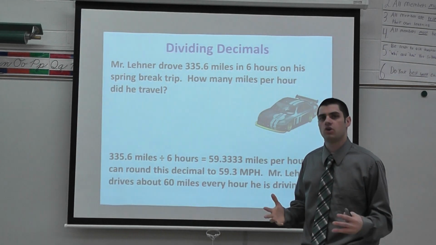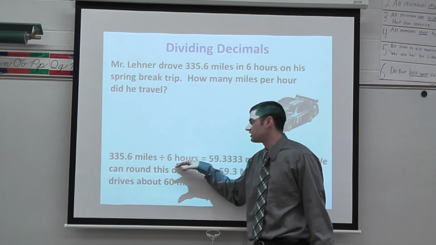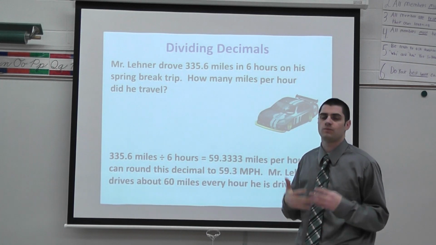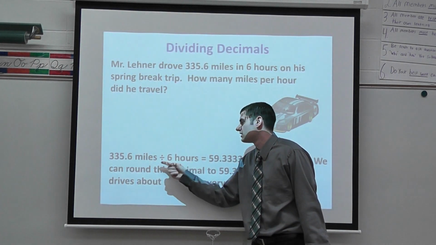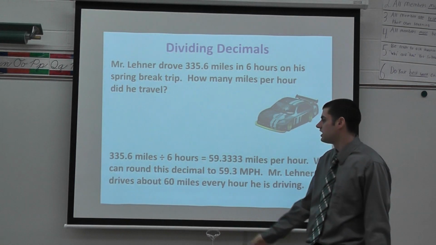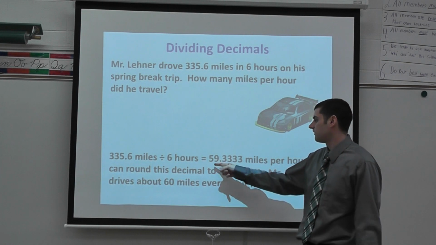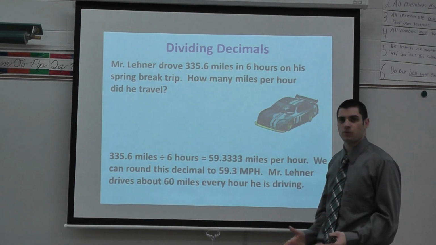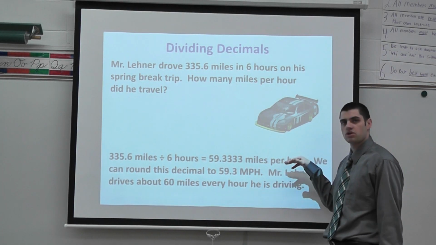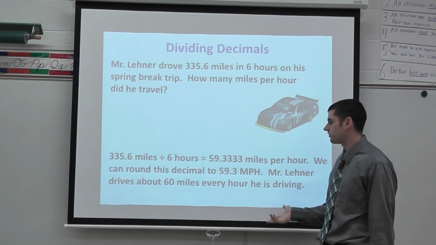I've added in my units again. That's very important so you don't mix up what the numbers mean. I'm dividing the miles I went by the time it took me. And when I get my decimal answer, 59.333 repeating, I ask, what does that stand for? That's how many miles per hour I would have driven.